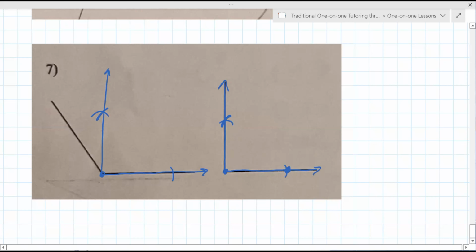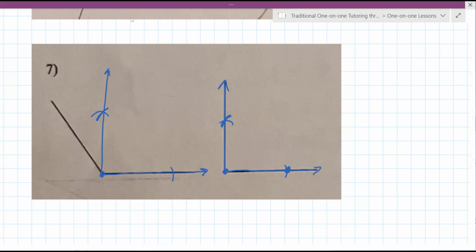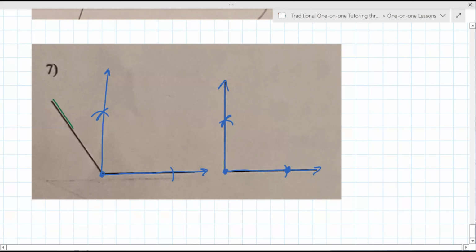And these are supposed to look the same. And then the difference is obviously the one on the left here because it's the difference between them.